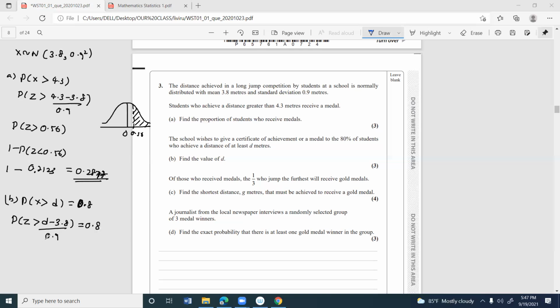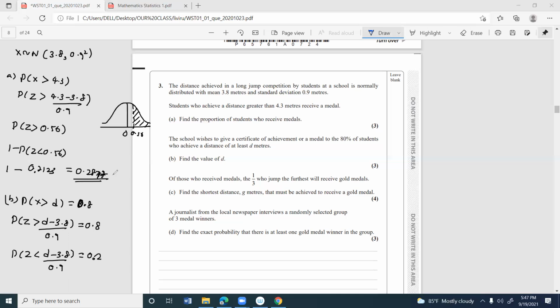Now, what you can understand is that the greater region we cannot read from the table. Obviously, we need to work out the lesser region, that is, the probability of Z less than (d minus 3.8) divided by 0.9 equals, if the greater region is 0.8, obviously the lesser region should be 1 minus this answer.